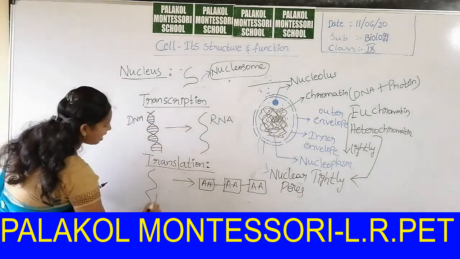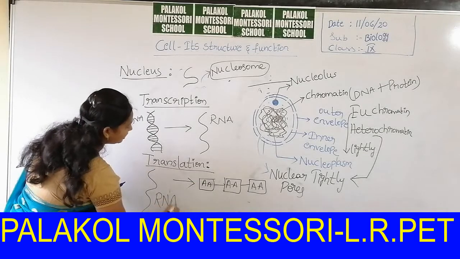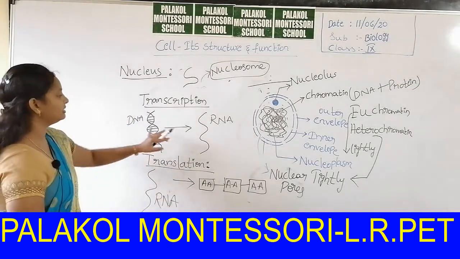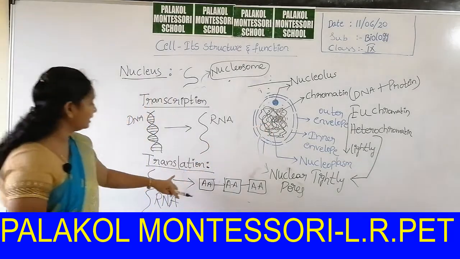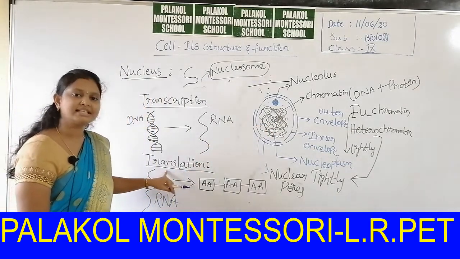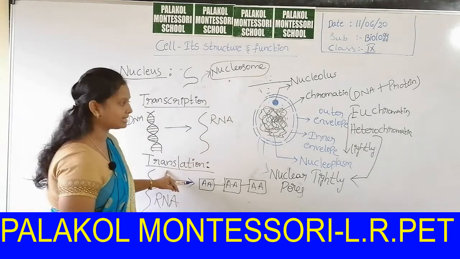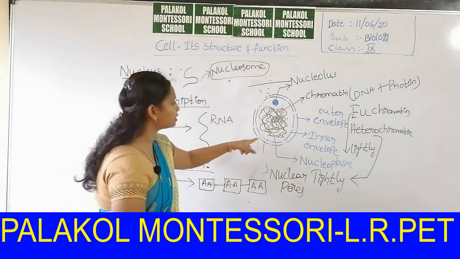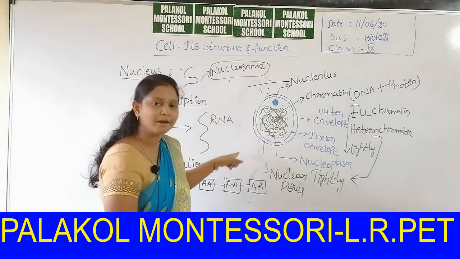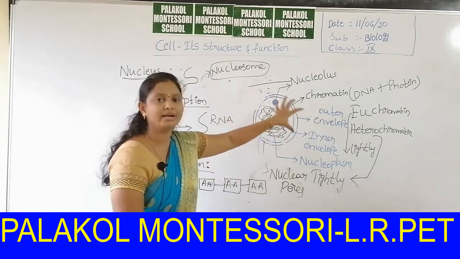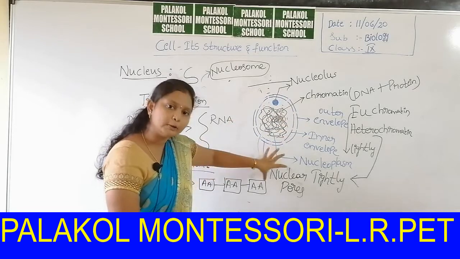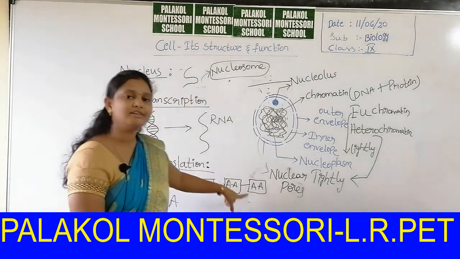From RNA; it is called translation. Transcription takes place inside the nucleus, but the translation process takes place outside the nucleus. That's why through these pores only RNA can exit the nucleus and enter the cytoplasm surrounding the nucleus. In that cytoplasm the translation process occurs.